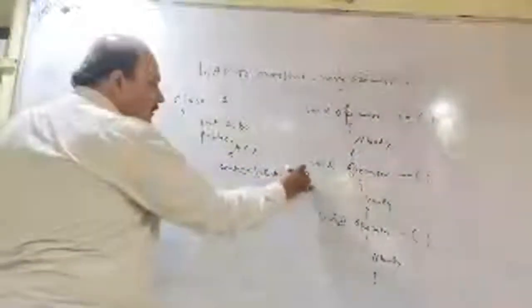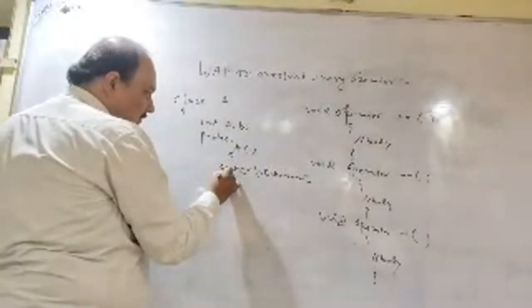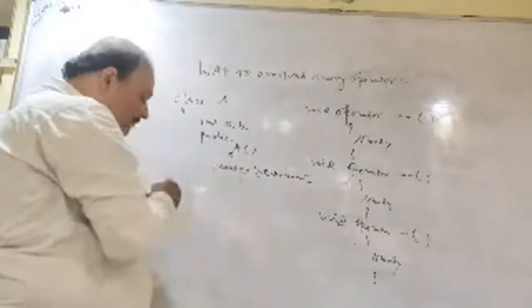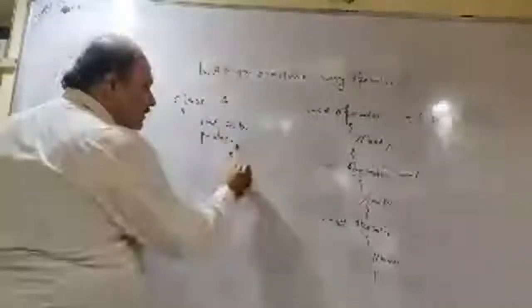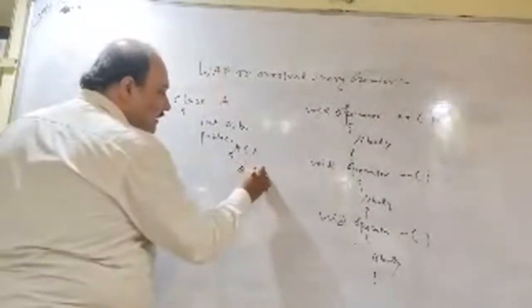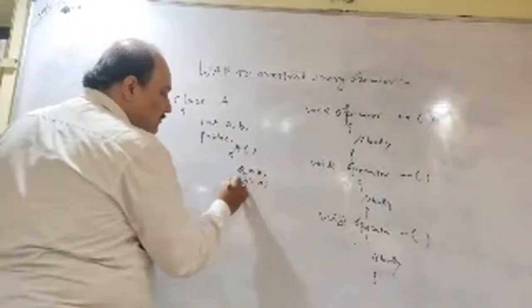Enter the number, enter the value. Because we have to use a parameterized constructor also, just to take the parameter, we use a default constructor here, and we initialize A equal to 0 and B equal to 0.